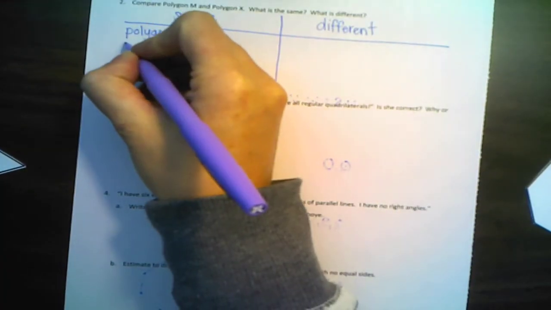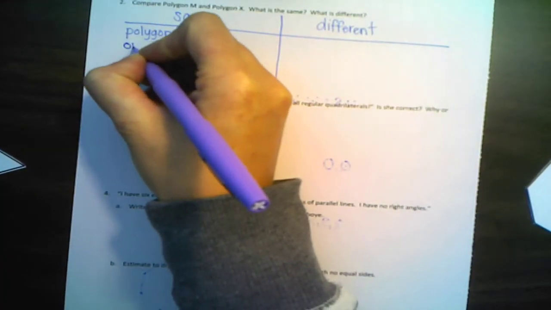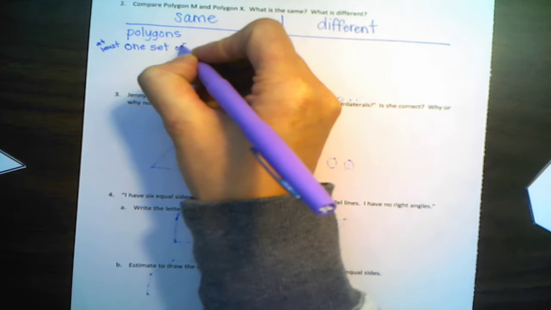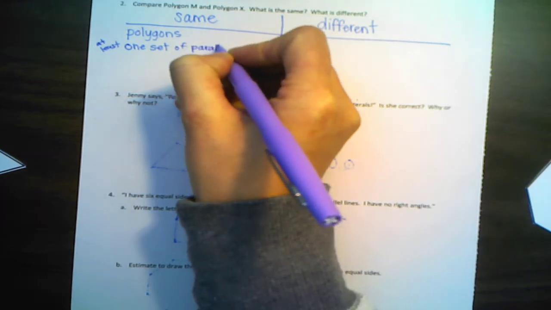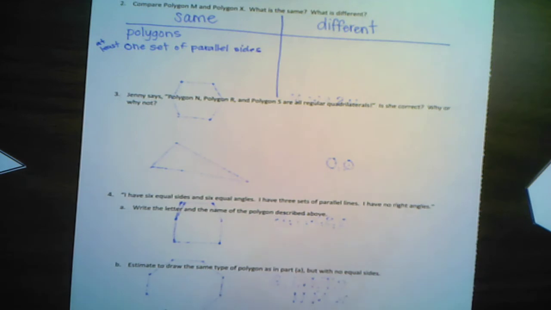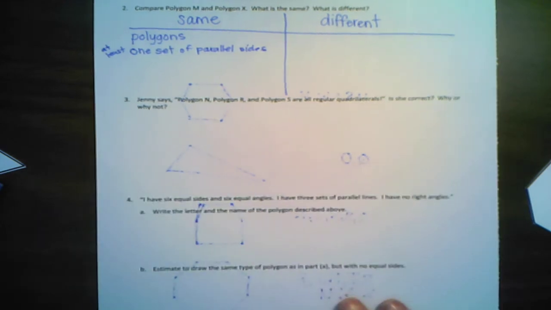So I'm going to write that here. One set. Maybe I'll write at least one set of parallel sides.